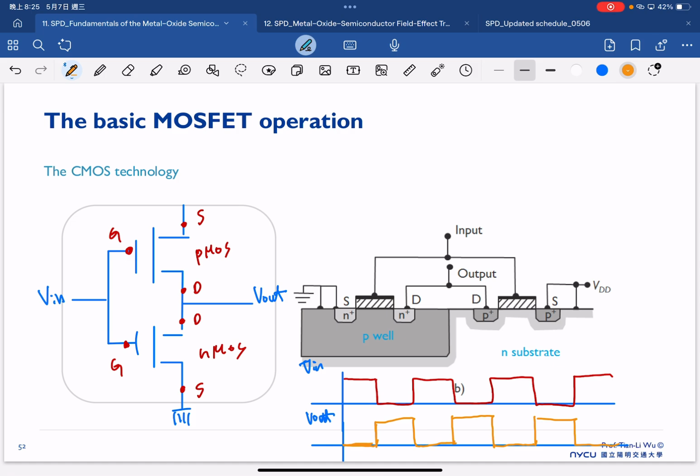But the general idea is that if we apply V in, if it's larger than VGS, the threshold voltage for the bottom NMOS FET here, then in this case our NMOS will turn on.